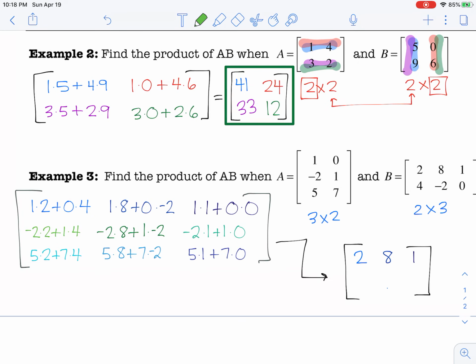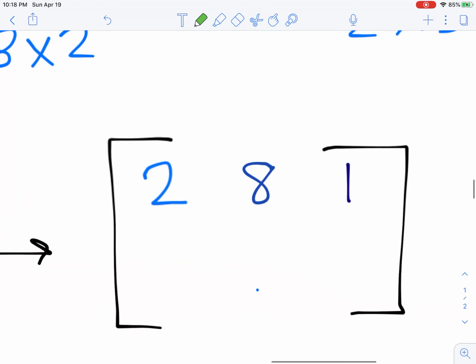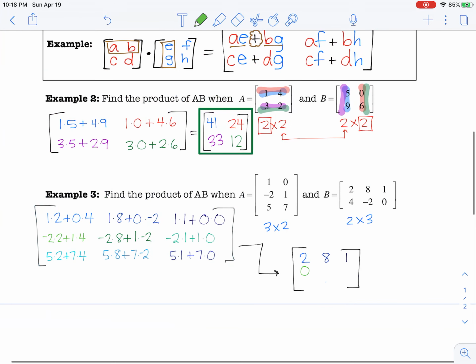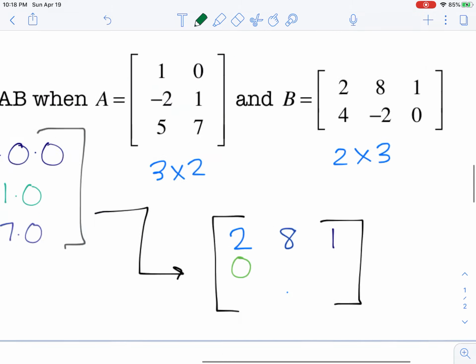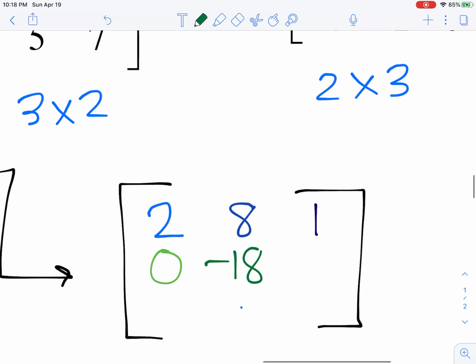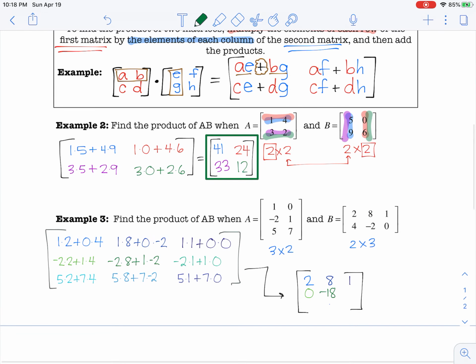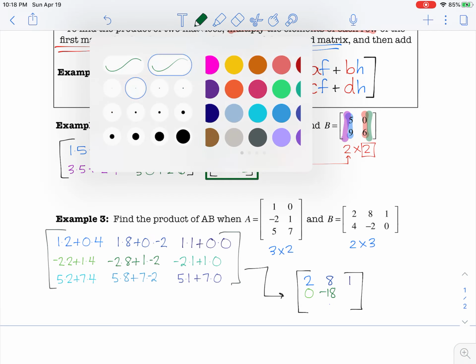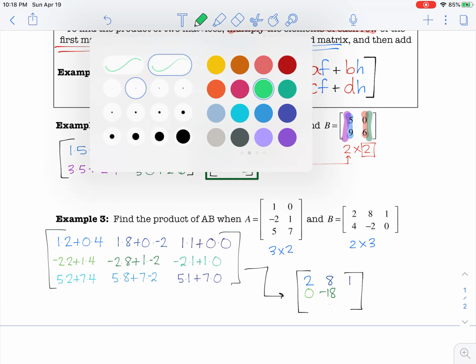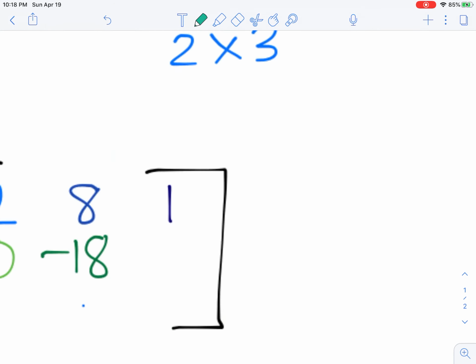Negative 2 times 2 plus 1 times 4 is 0. Negative 2 times 8 plus 1 times a negative 2 is negative 18. Negative 2 times 1 plus 1 times 0 is negative 2.